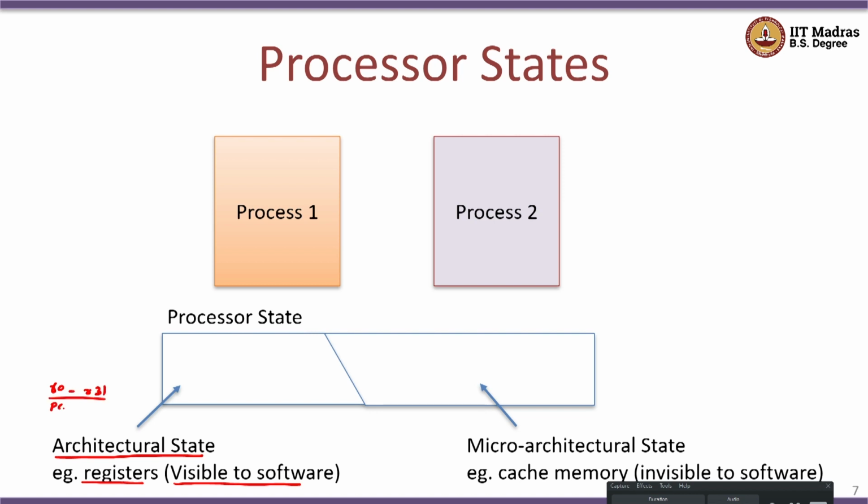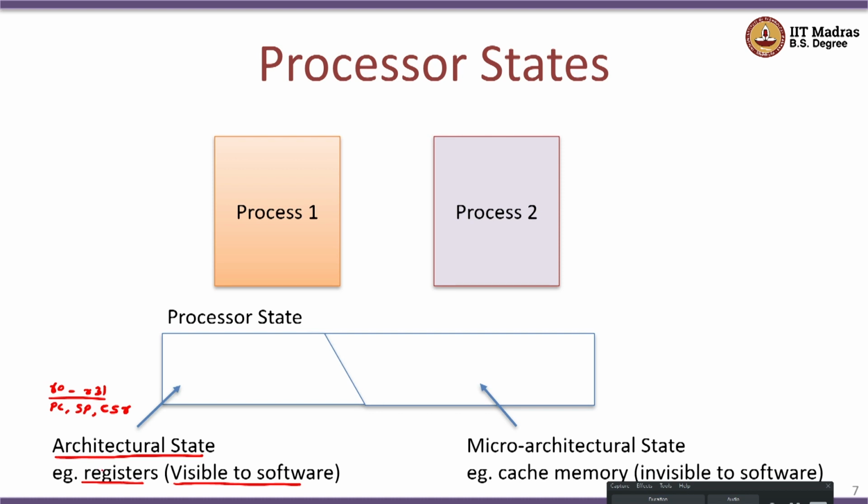Things like the program counter, the stack pointer, various control status registers like CSRs are all architectural registers because they are accessible through the software.